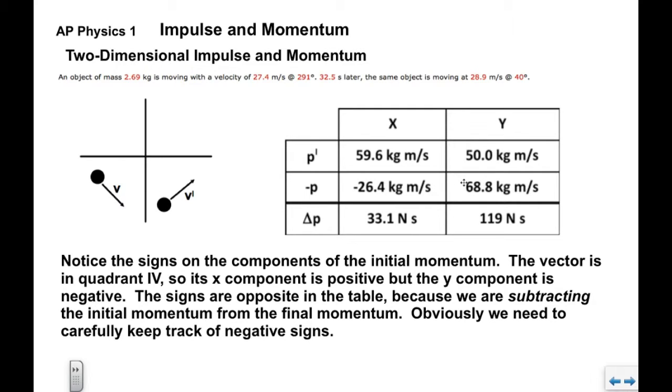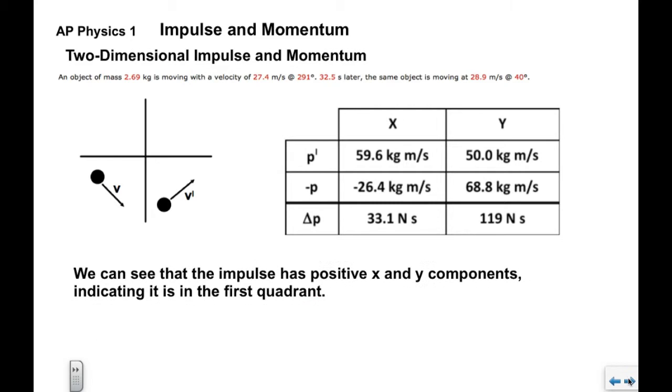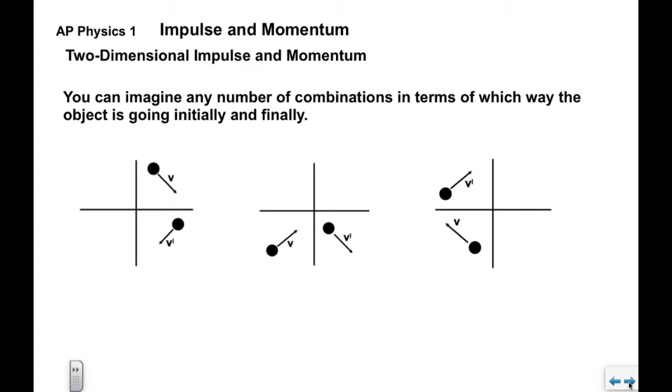The negatives in the y component cancel, and we get a positive. So obviously, just as with one-dimensional impulse and momentum, we do have to be very careful about keeping track of negative signs. We can see once again the impulse has positive x and y components, indicating that it's in the first quadrant.